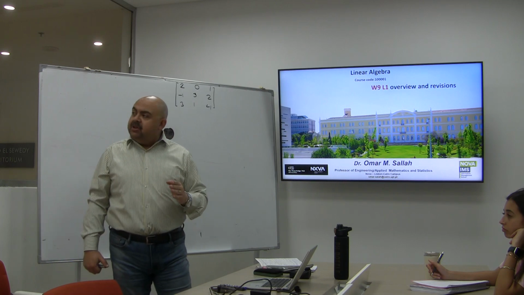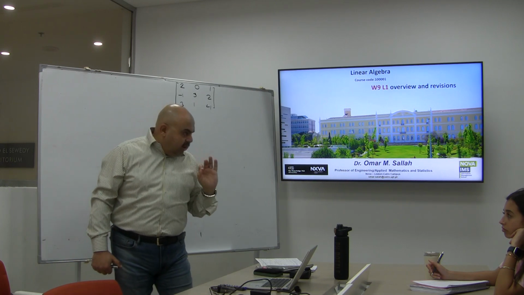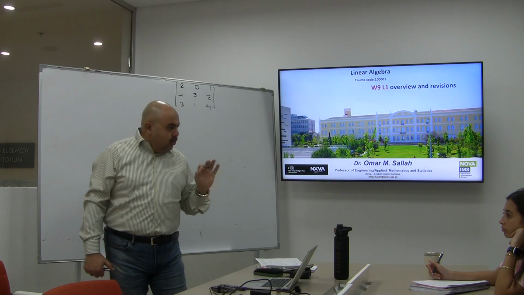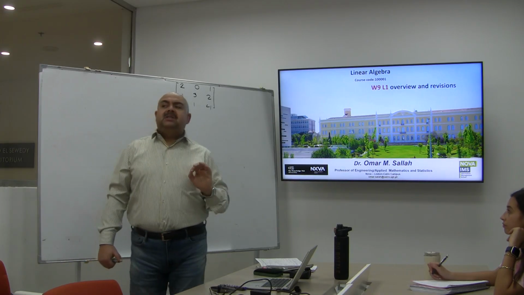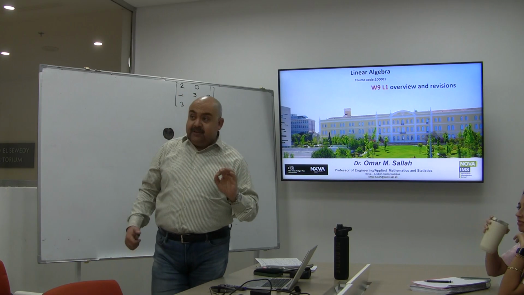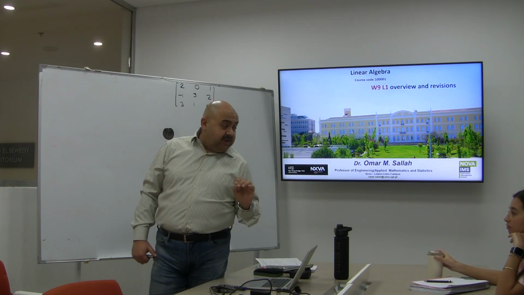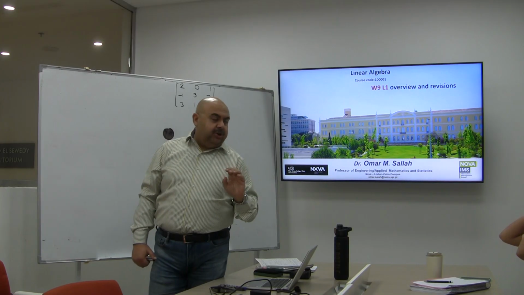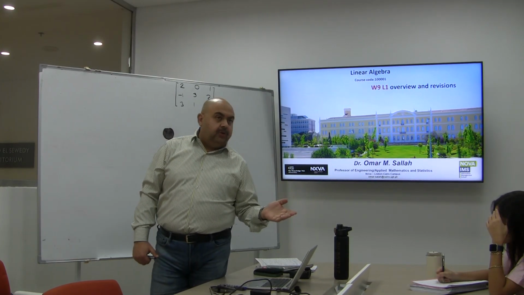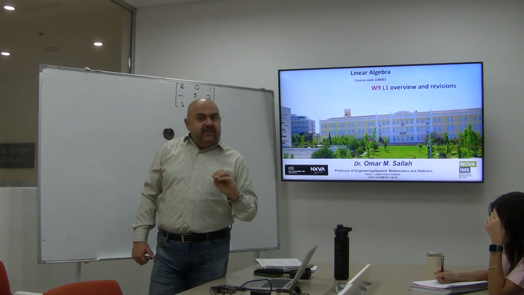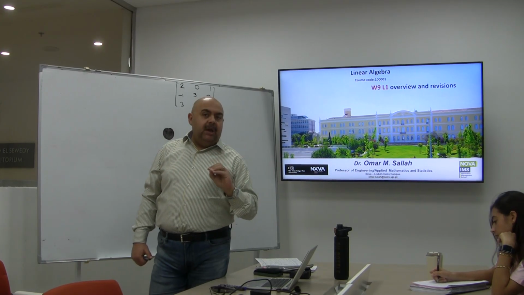Of course, it's completely different if I have a condition for you on solving or choosing the method. So I can say, find the inverse of this matrix using Gauss elimination. In this case, you can't use the cofactor method. Or find the inverse of this matrix using cofactor.